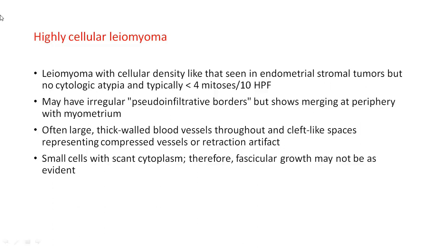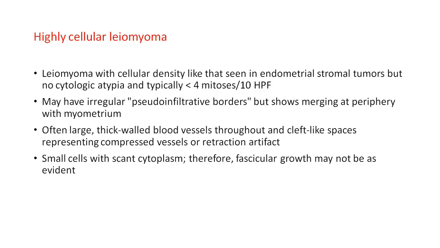They also contain thick-walled blood vessels throughout, and cleft-like spaces which represent the compressed vessels or can be a retraction artifact as well. This is one of the morphological features which can be helpful to distinguish it from the low-grade endometrial stromal tumor.